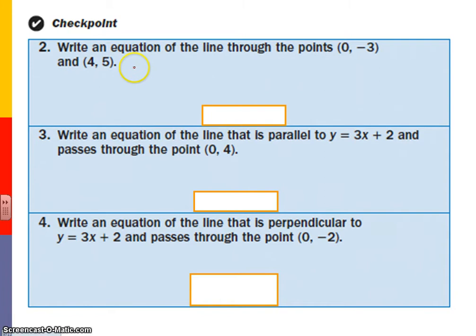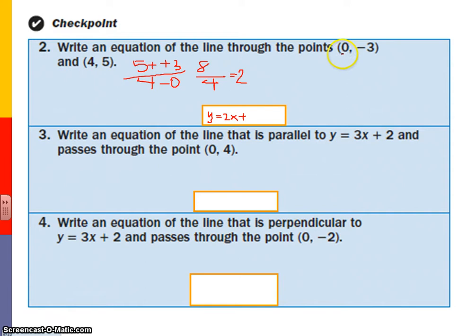First thing we have to do for number 2 is find slope. So I'm going to take 5 minus -3 over 4 minus 0. Add the opposite. This is 8 over 4, which simplifies to 2. y equals 2x plus, okay, now they didn't give me a graph, so how am I supposed to find b?